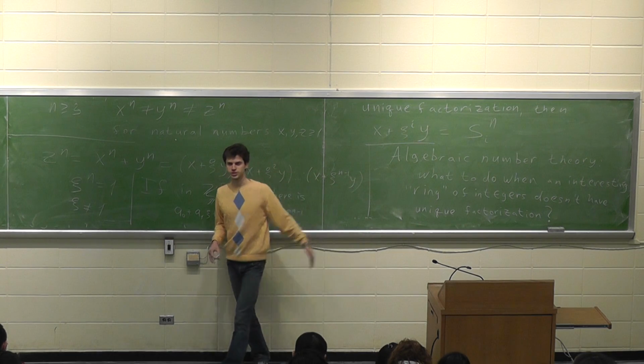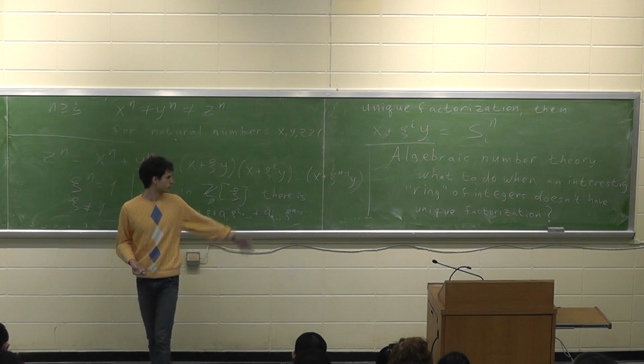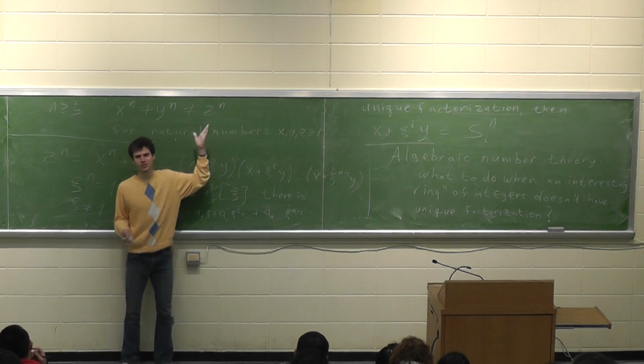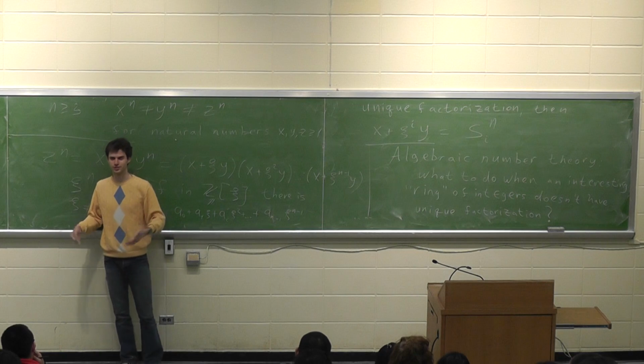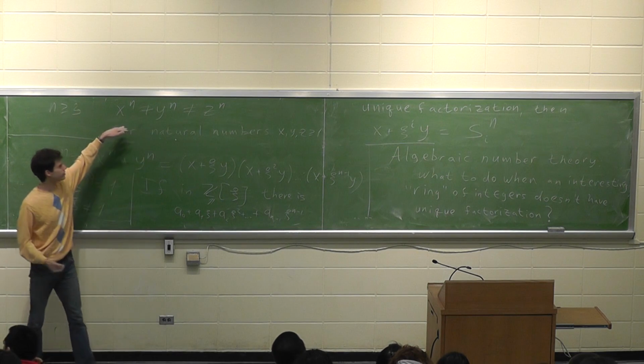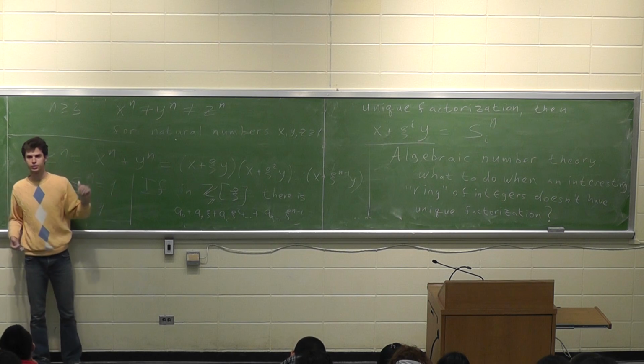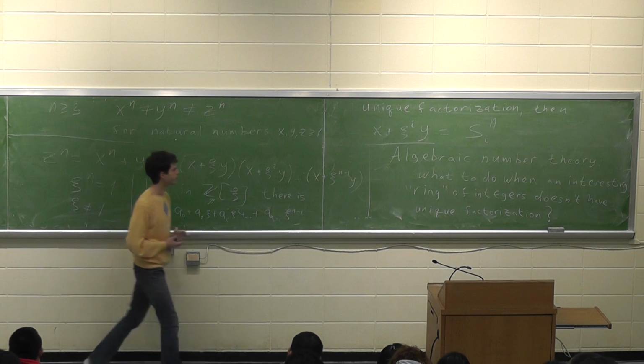There are special courses in our department about algebraic number theory, and they might not start with this question, but eventually they develop enough theory to cover the answer to this question for some special exponents. Not all of them, but some of them.